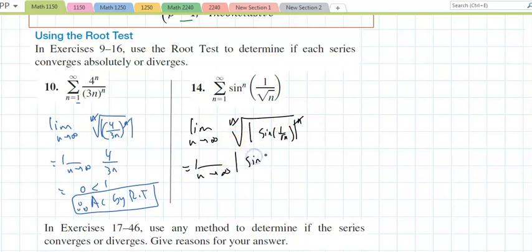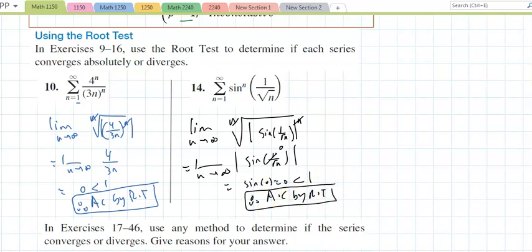Absolute value of the sine of 1 over radical n as n approaches infinity, that's 0. I'm left with the sine of 0, which is 0, less than 1. Therefore, this series is absolutely convergent by the ratio test, or by the root test, I should say. And you get away with it because RT stands for the same thing.